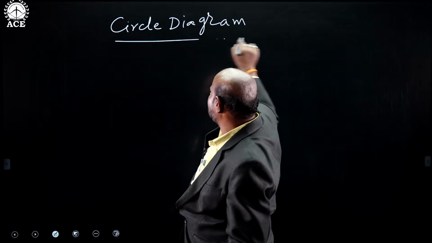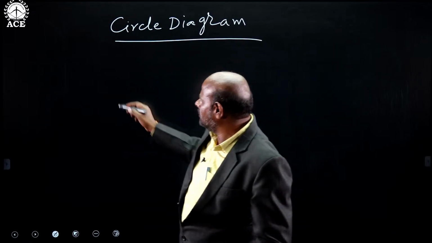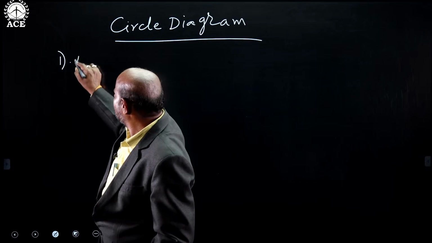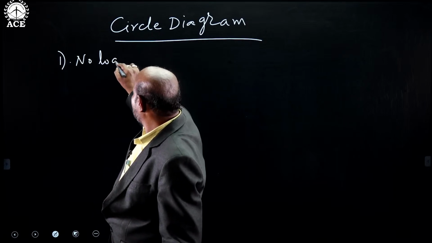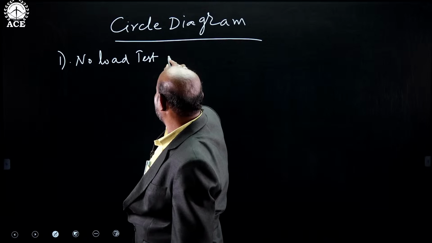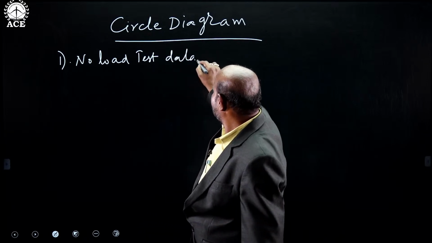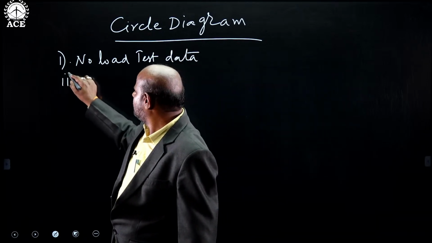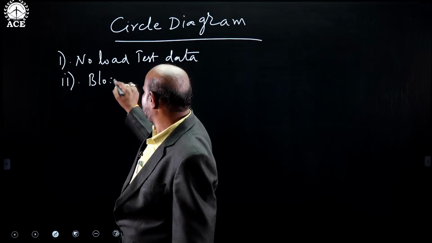The data required to draw the circle diagram is no load test data, and the second one is block rotor test data.